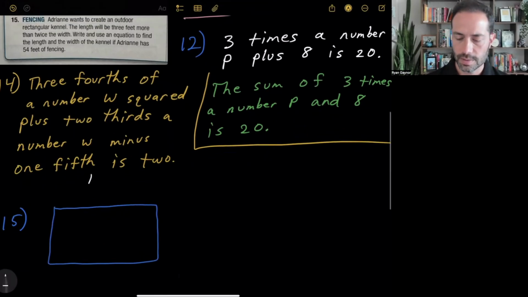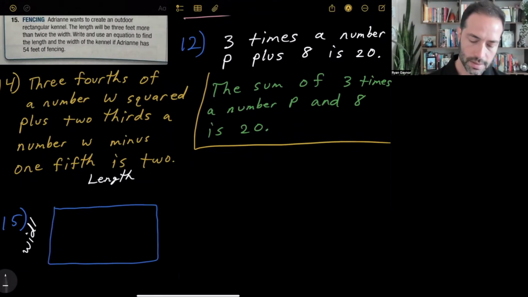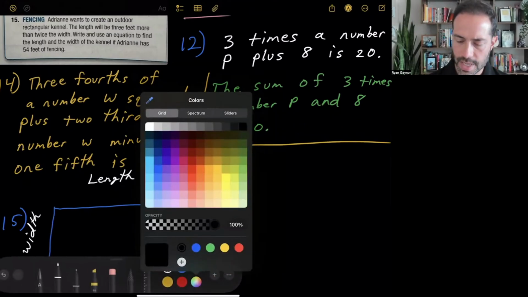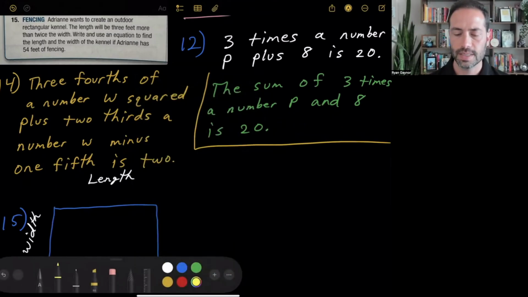Let's say this is the length, and this is the width. Let's read that part one more time: the length will be 3 feet more than twice the width.